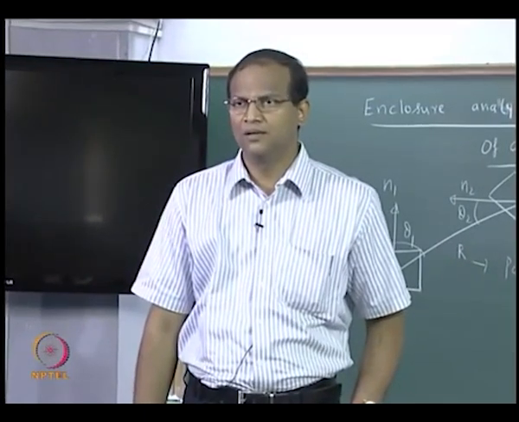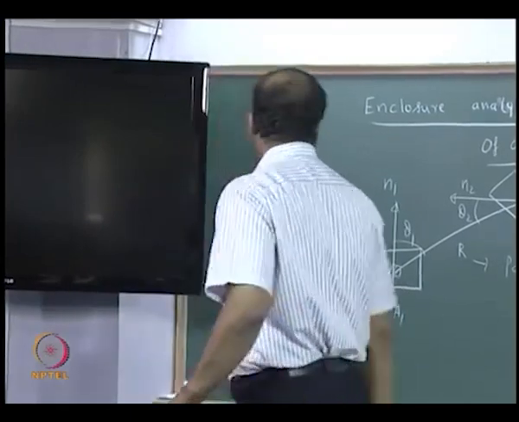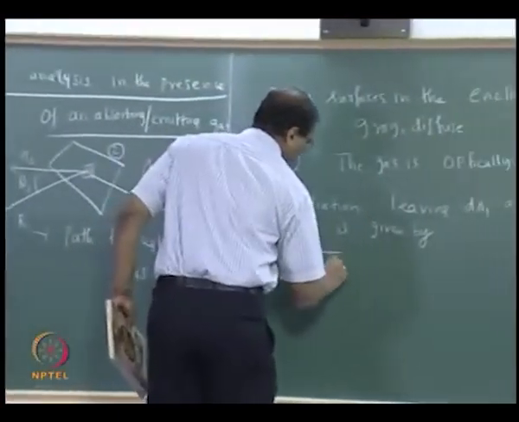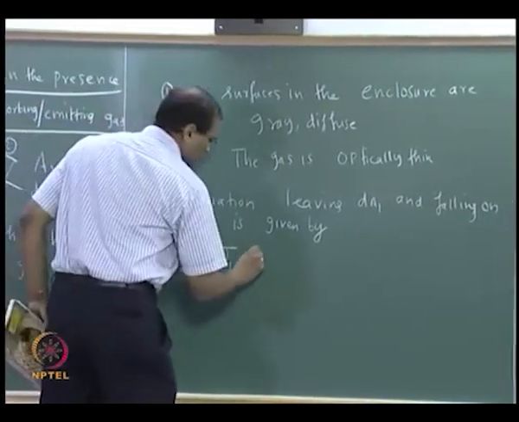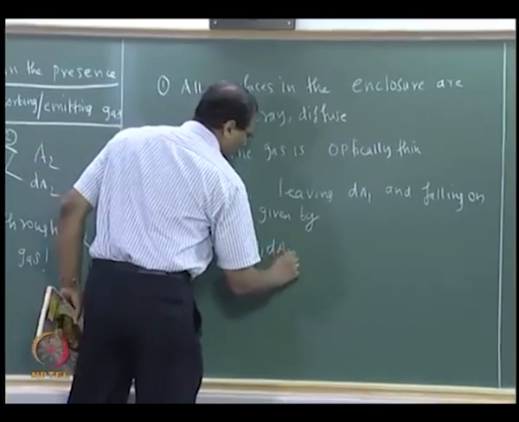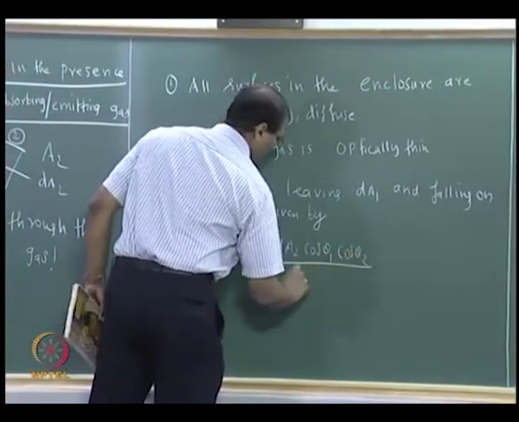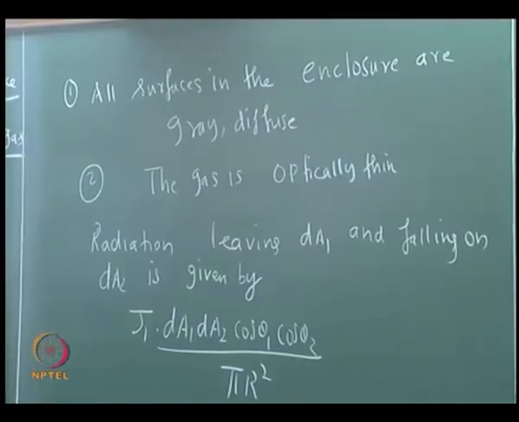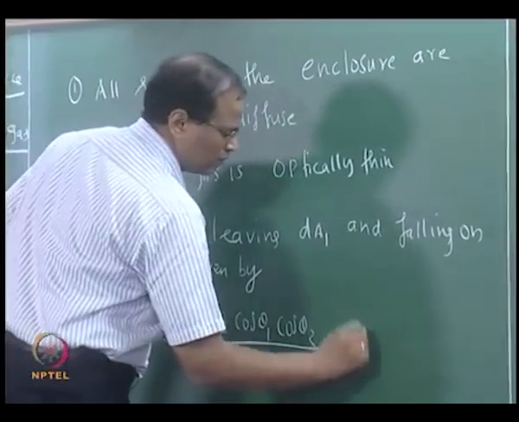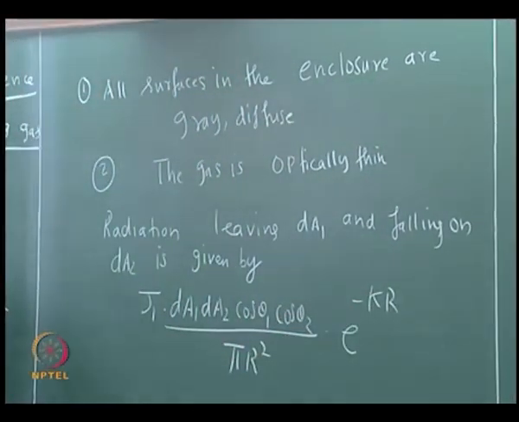J1 multiplied by dA1. Okay, what is that extra factor I have put?